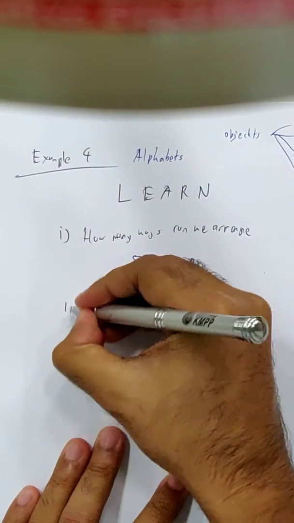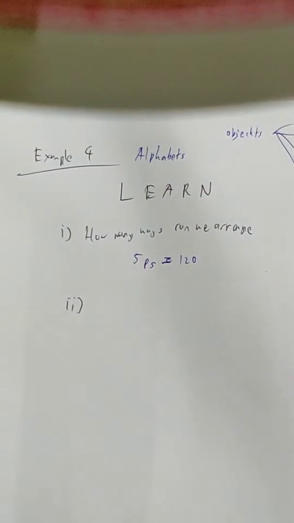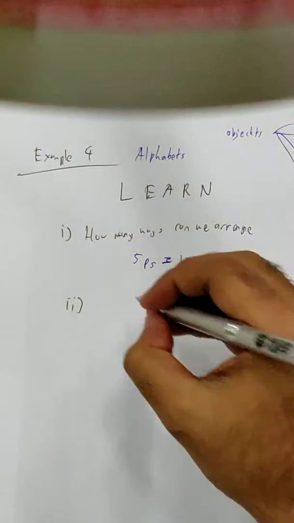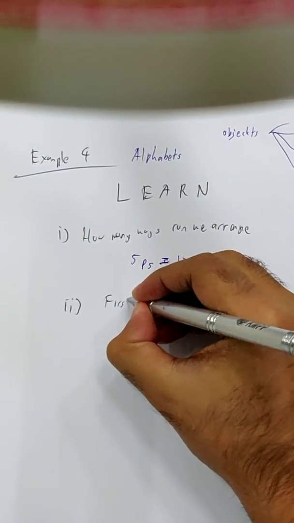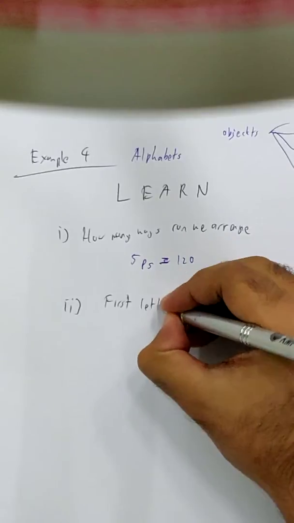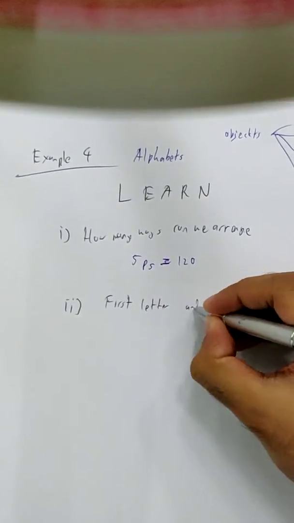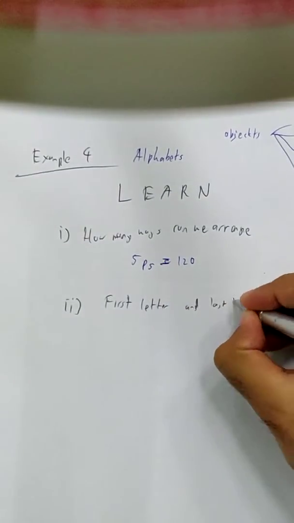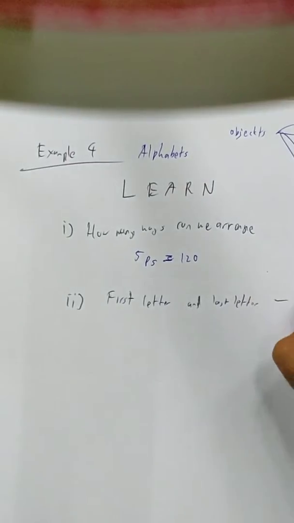Now let's go to example 5. It has these attributes. First letter and the last letter must be vowels. First letter and last letter must be vowels.